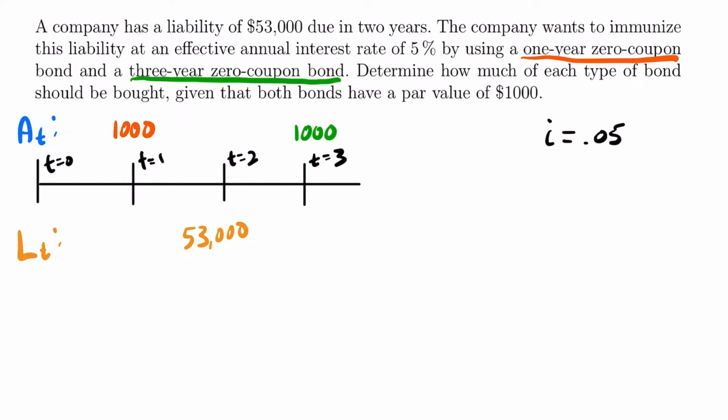So I'm going to represent that with x. We'll have 1,000 times x, where x will be the number of 1-year zero coupon bonds. Then we'll use a different variable for the 3-year zero coupon bonds. I'm going to use y, so 1,000 times y will represent the amount paid at time equals 3, depending on how many 3-year zero coupon bonds the company purchases.